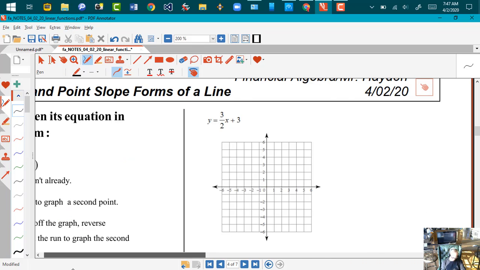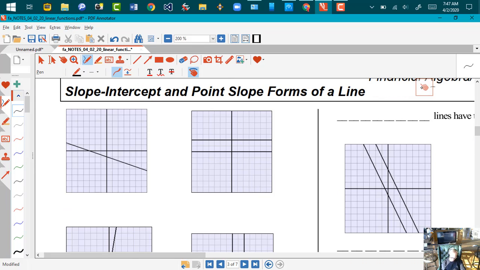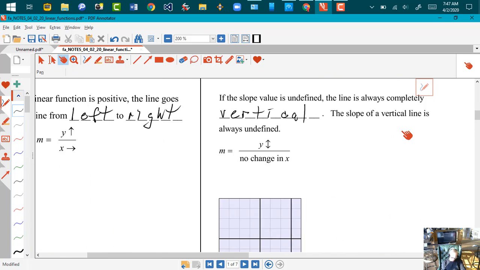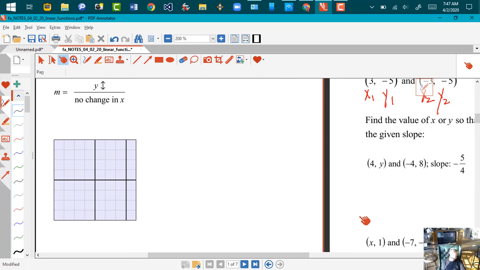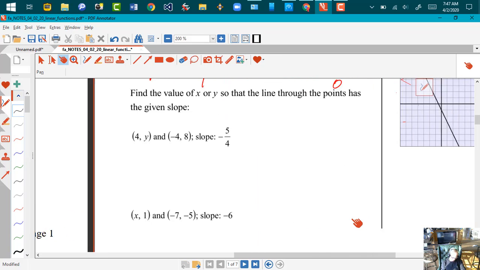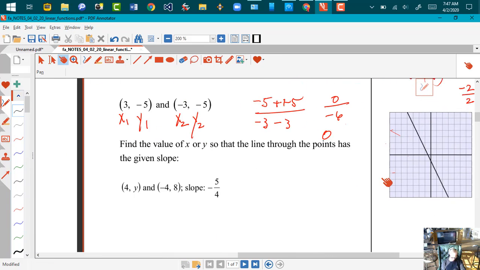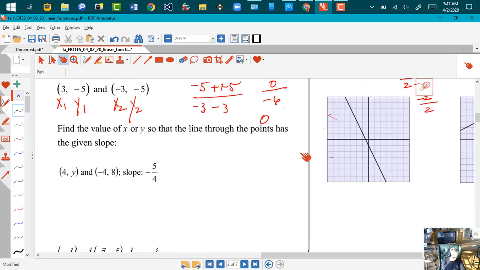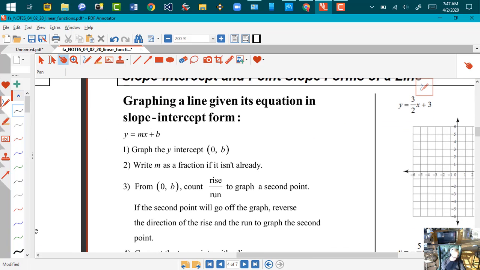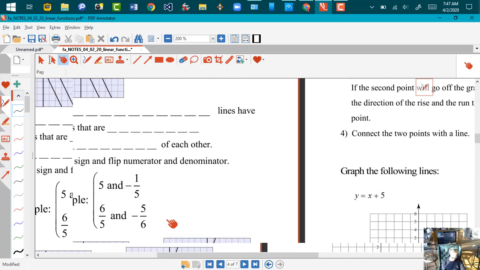All right, let's move on here. Make sure I didn't miss anything on this page. Nope, I'm good on that one. Okay, we're going to skip that part.